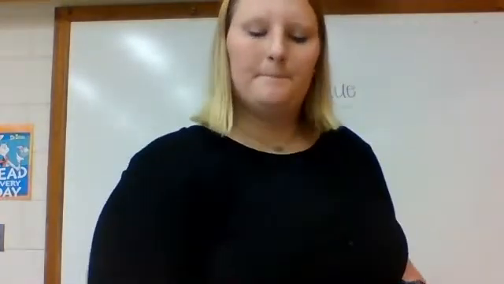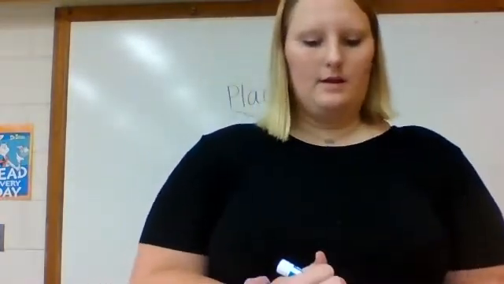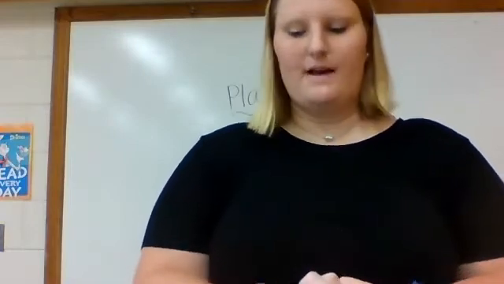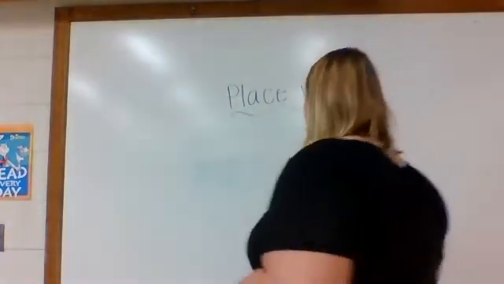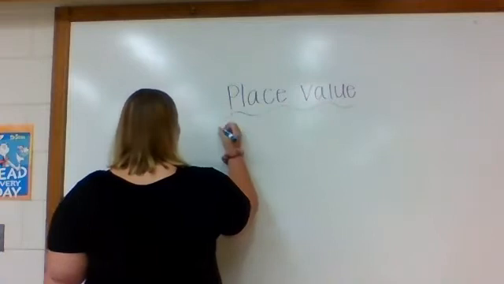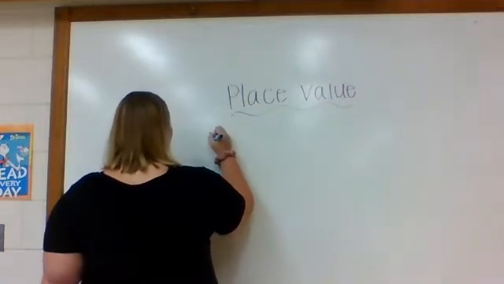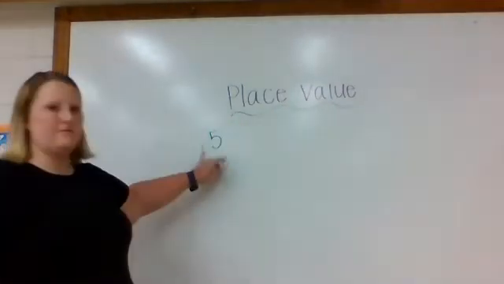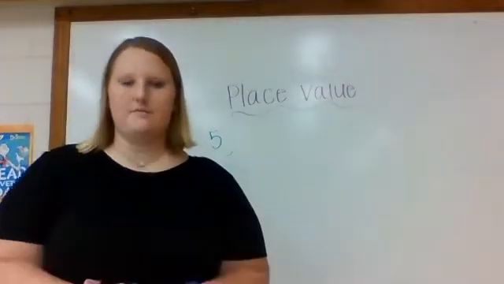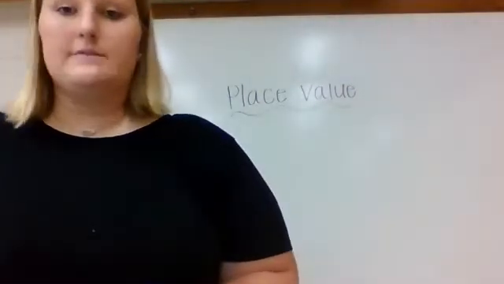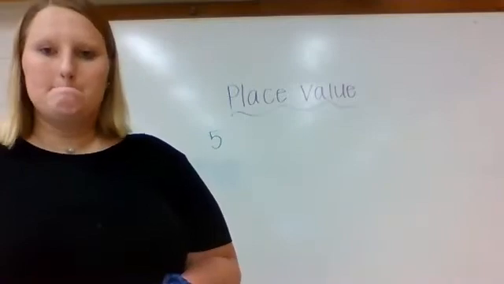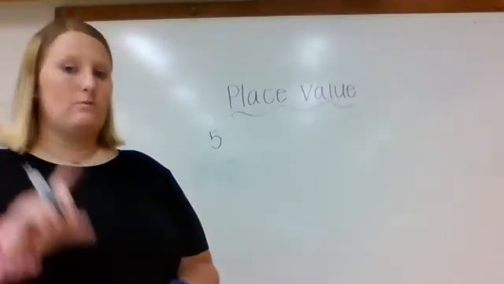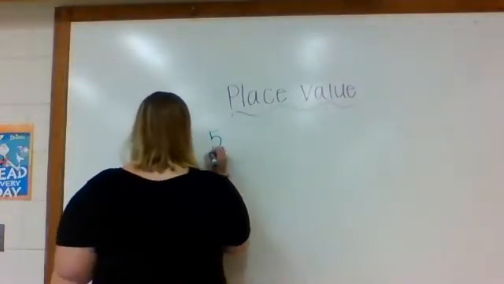So let's do some practice with just our ones. If I have the number 5, just number 5, what place value is that going to be? It's going to be ones, the ones.